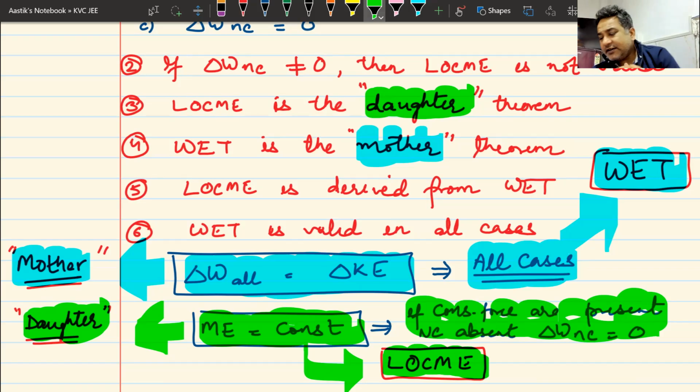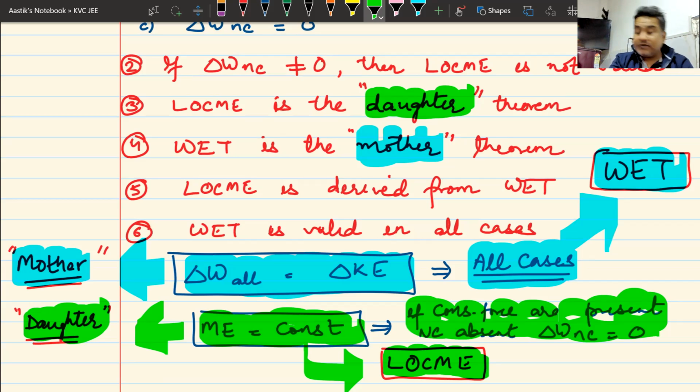We will do a question by both ways so that you understand whatever questions can be done by LOCME can be done by the work energy theorem. But if non-conservative forces are present, questions can only be done by the work energy theorem. They cannot be done by LOCME. This is what you need to remember. LOCME can only be applied if non-conservative forces are absent.